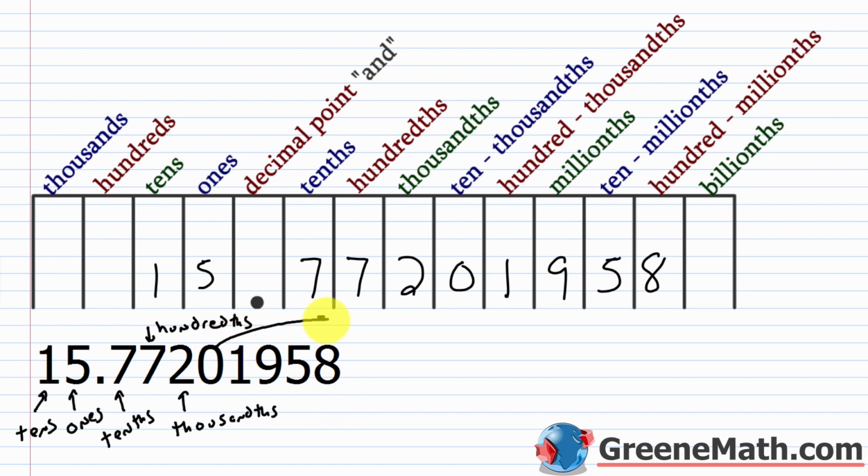Then my 0, let me draw an arrow over here. This is going to be in the 10-thousandths. And then my next number, which is this 1 here, is going to be in the 100-thousandths.